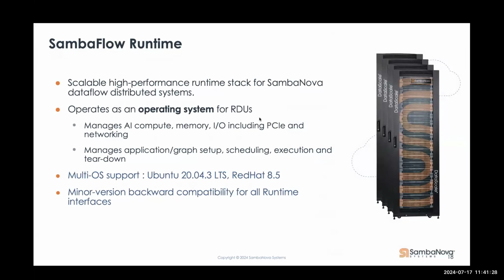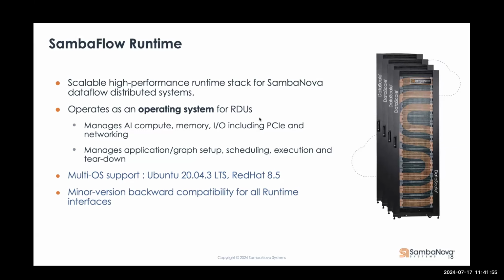In addition to that, as I mentioned, the compiler is capable of taking a model and spreading it across 8 RDUs, so you get model parallelism for free as part of that. The SambaFlow runtime is a package that operates as an operating system for RDUs, essentially. It takes the applications that you've compiled and makes those available for the RDUs themselves.